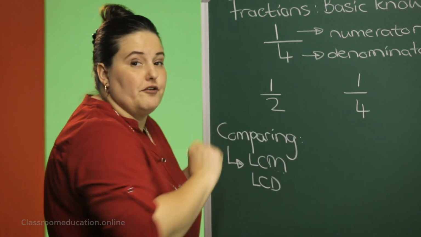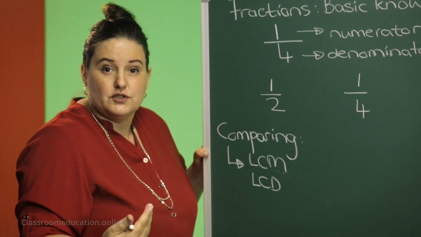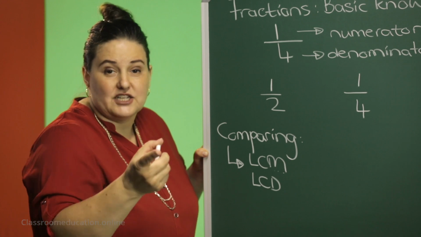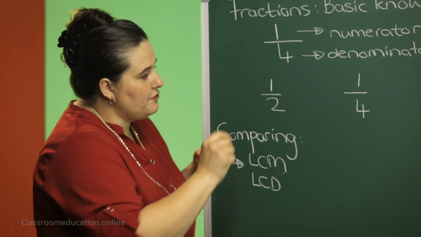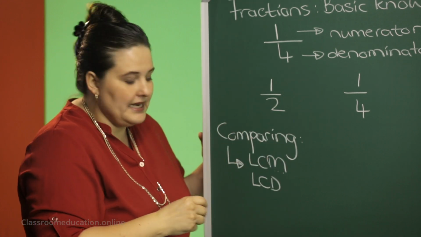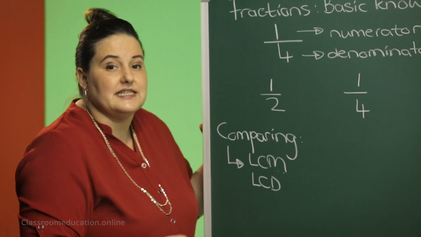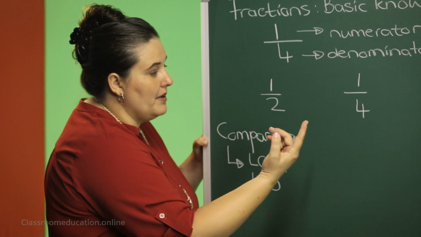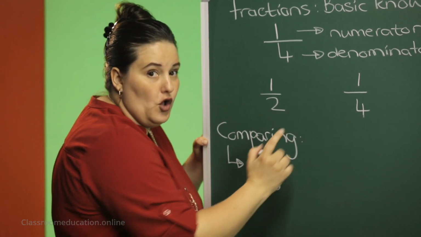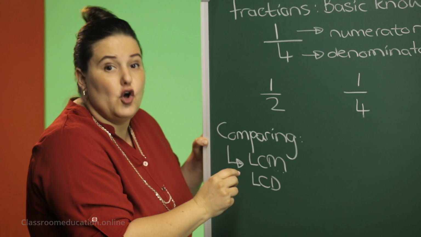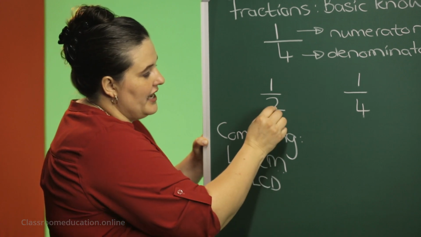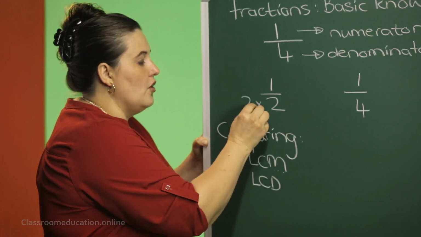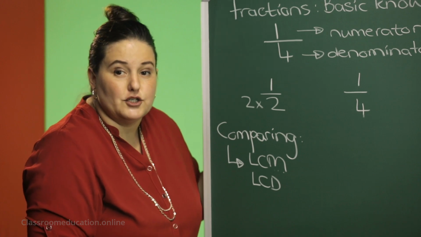Okay, now your friend had half of the chocolate. You got 1/4 of the chocolate. Who got the most? We saw the biggest part was actually your friend. But if we need to compare this mathematically, we need to change it to the LCD. So, what's the lowest common denominator or the lowest common multiple between 2 and 4? It is 4. So, I can change this into 4s by multiplying it by 2.